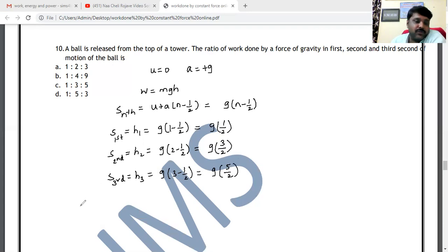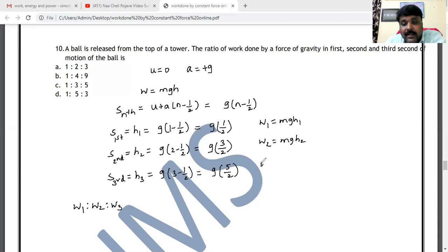Now we are asked to find the ratio of work done in the first second to the second to the third second. Work done in the first second equals mgh1, second equals mgh2, and third second equals mgh3.